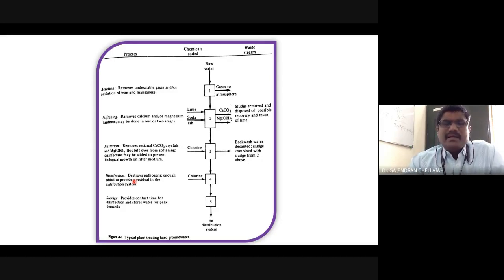Normally in Tamil Nadu, in most places people use gravitational force rather than a pumping system. They treat the water, transport it into the main supply reservoir, and from there it is distributed. So this is a typical plan for hard groundwater.